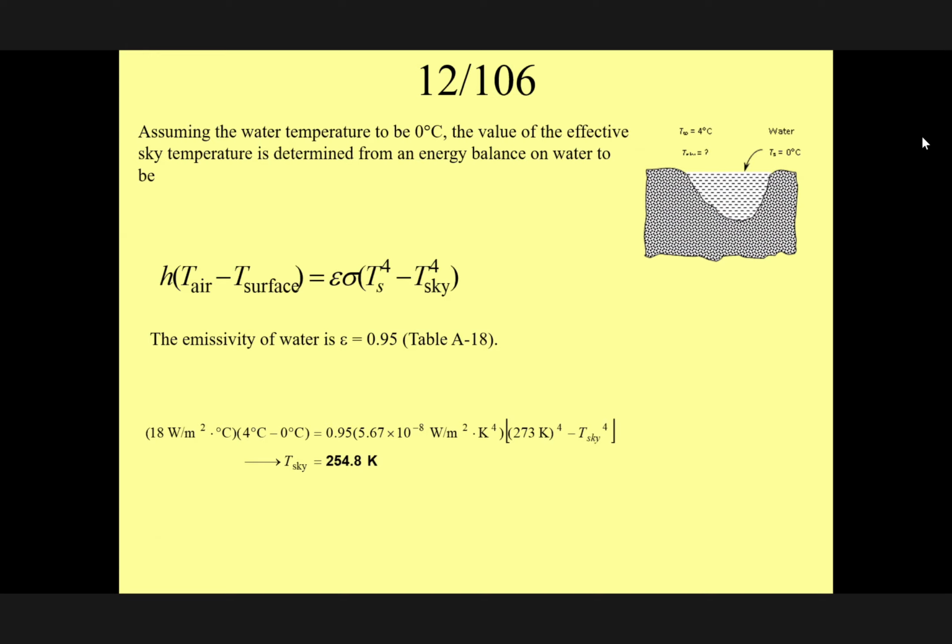We assume it's already ice, therefore we write this equation. Now if I ask you what should be the temperature and also try to integrate the time dimension, this equation will not be applied. This equation is only applied when we assume it's steady state and we're writing only the equilibrium energy.